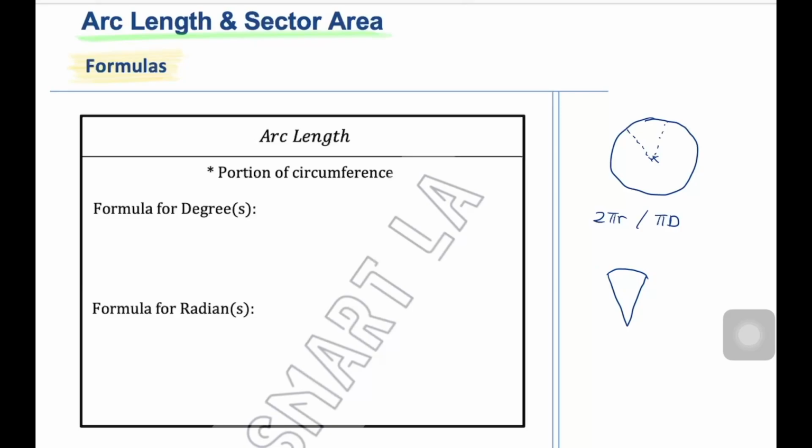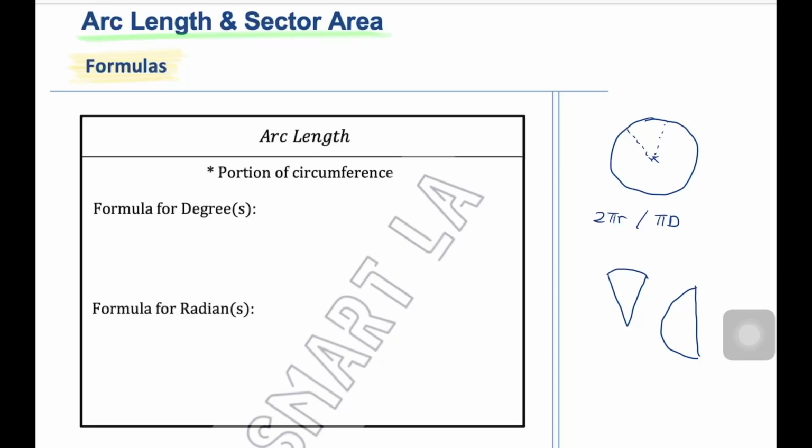So let's say I give you another pizza slice. Let's say I have a huge pizza slice, which is half of a pizza. If I have half of a pizza and I want to find the same length, the same crust of the pizza, you would tell me that that's just half the circumference.